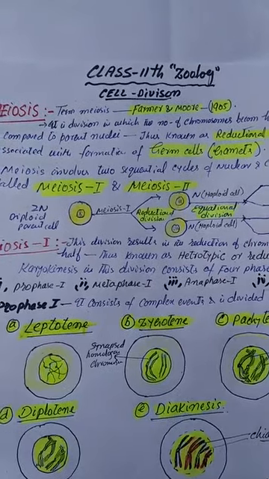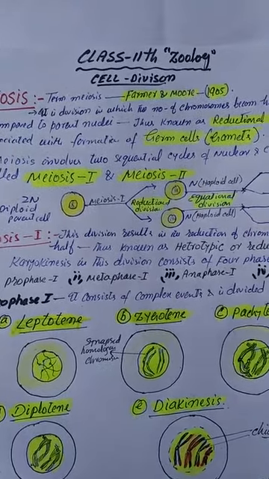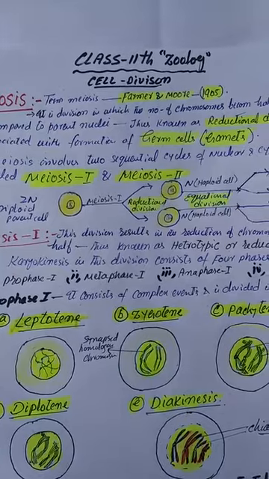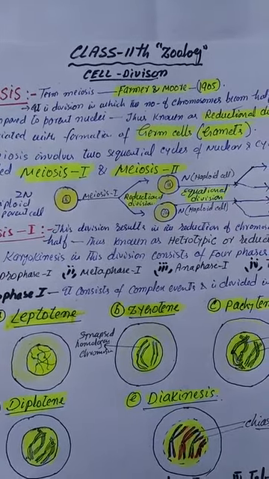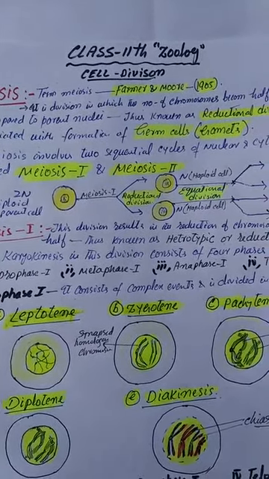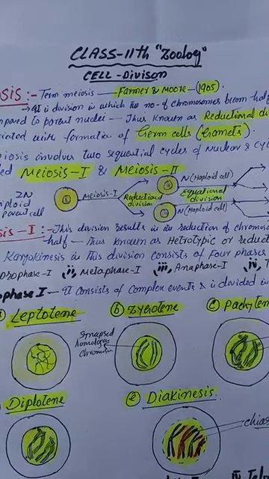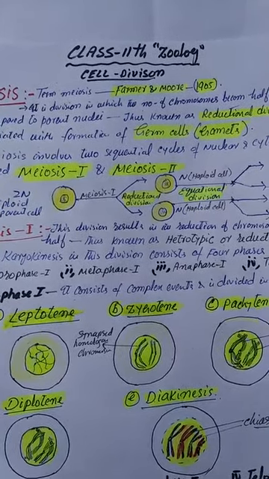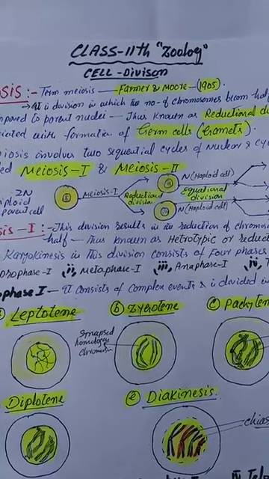Since our previous topic we have discussed cell division, during which we discussed in detail mitosis, which is a common type of cell division that occurs in the somatic cells.